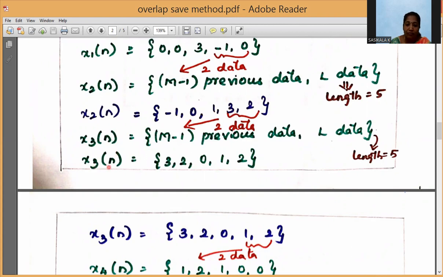And what is x3 of n? x3 of n is the last 2 data from the previous x2 of n. So the last 2 data, 3, 2, is taken from x2 of n and the remaining 3 data from x of n.